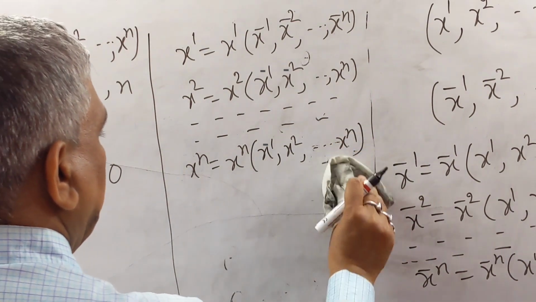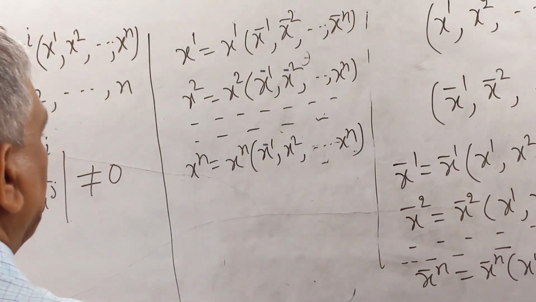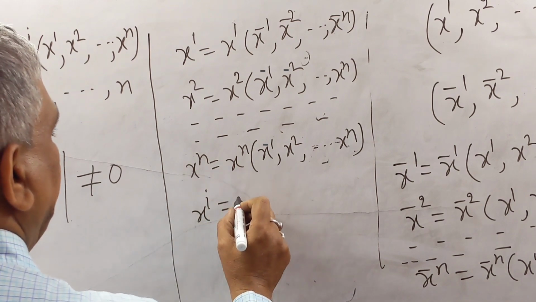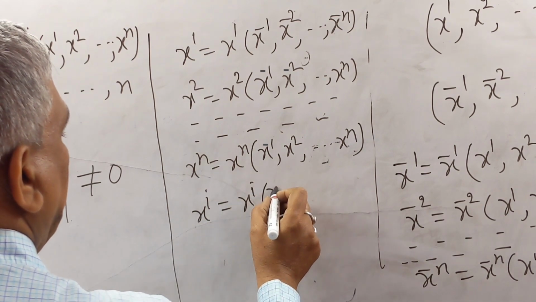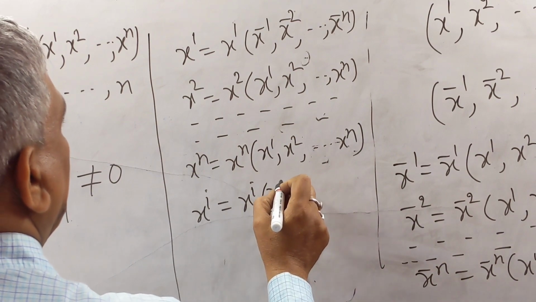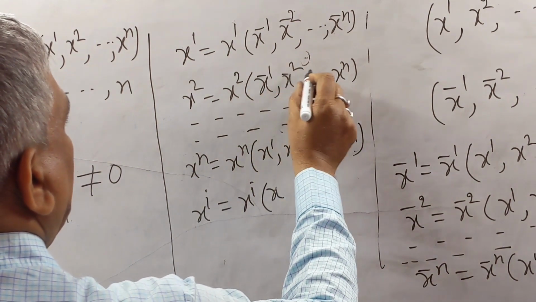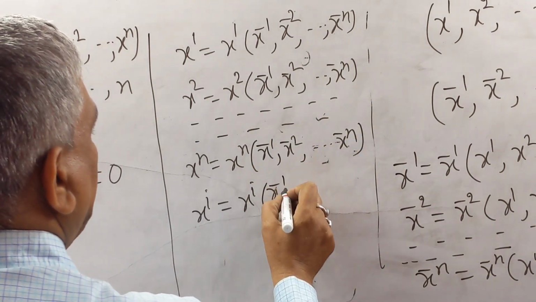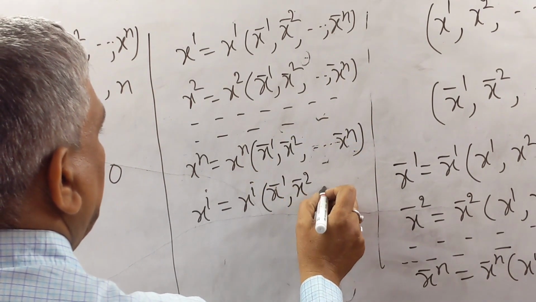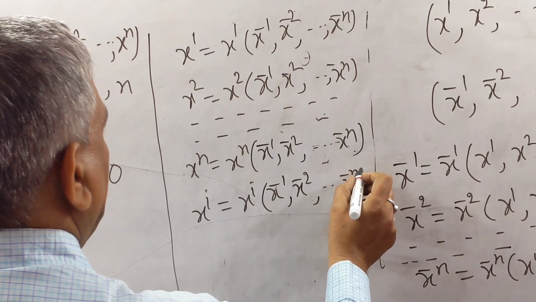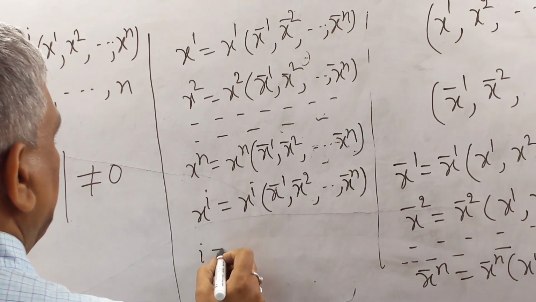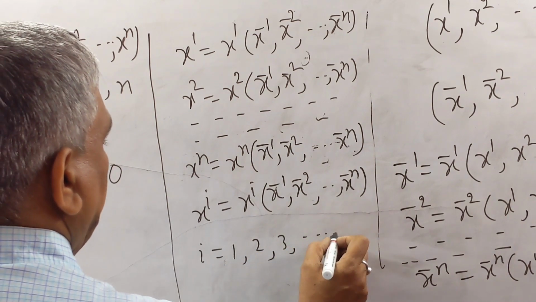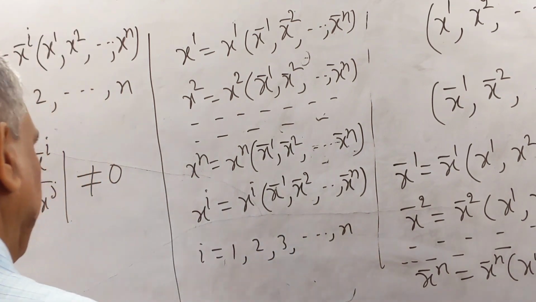In short, we may write xi is a function of x bar 1, x bar 2, ..., x bar n, where i equals 1, 2, 3 and so on up to n.